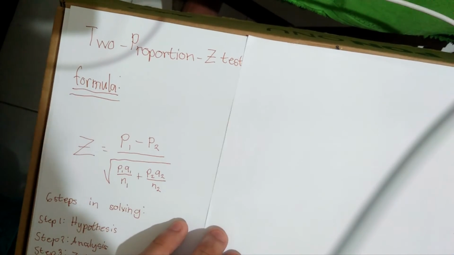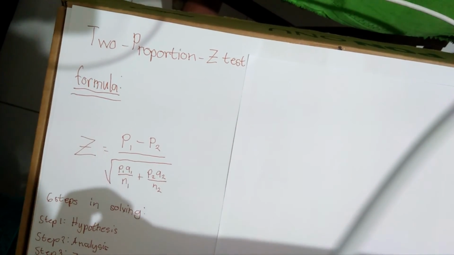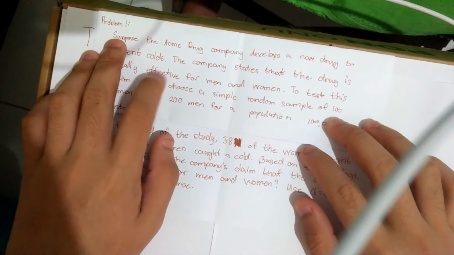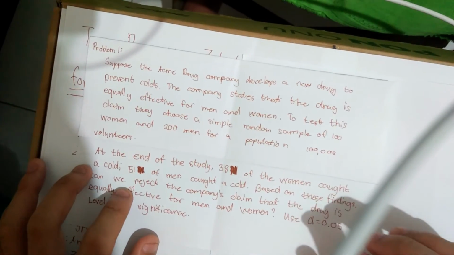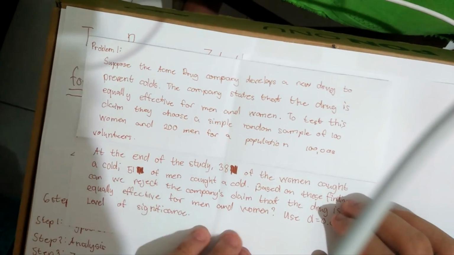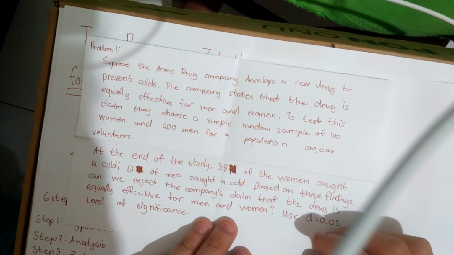And two problems here for two proportion z-test. Problem number 1. Suppose the Acme drug company developed a new drug to prevent colds. The company states that the drug is equally effective for men and women.